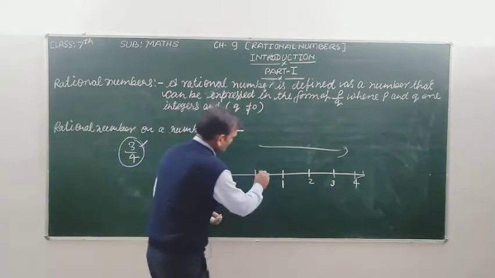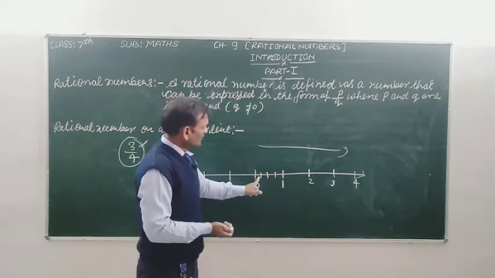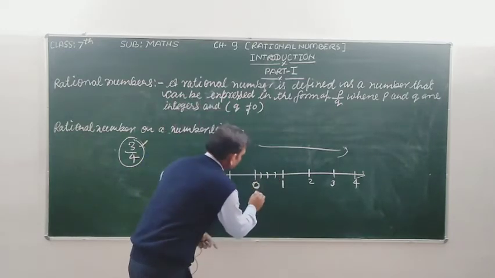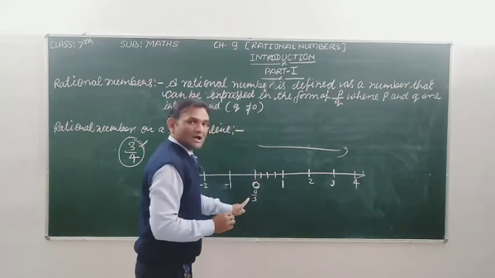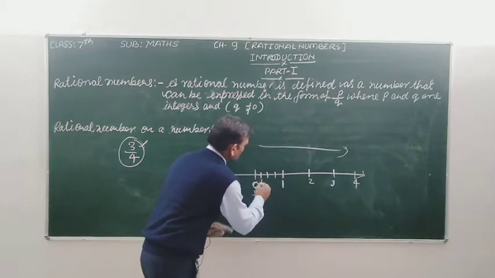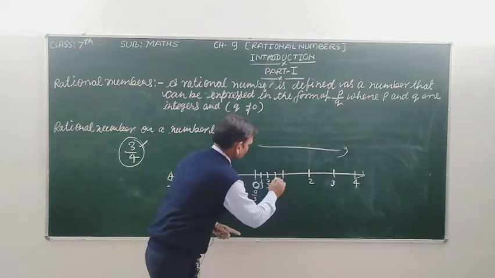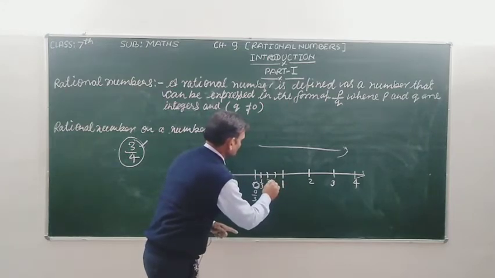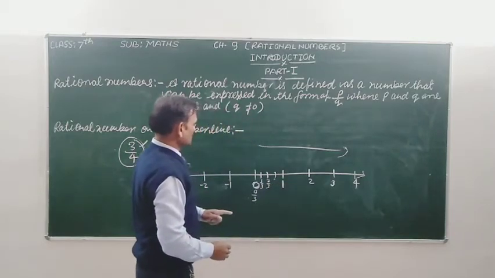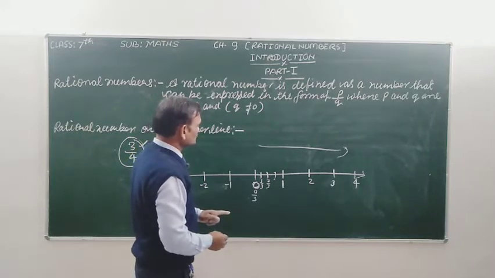So 1 part, 2 parts, and 3, and last is 4. This is 0. You can write it like this: 0/4.